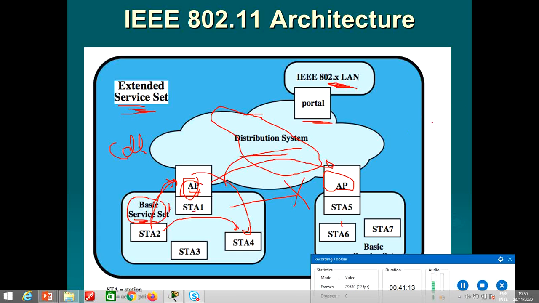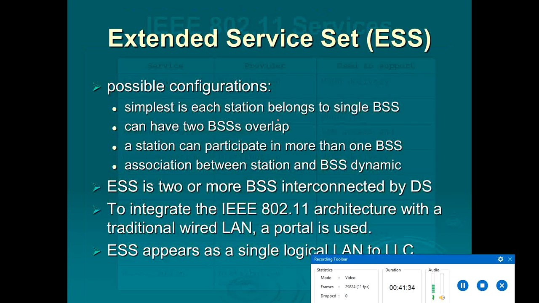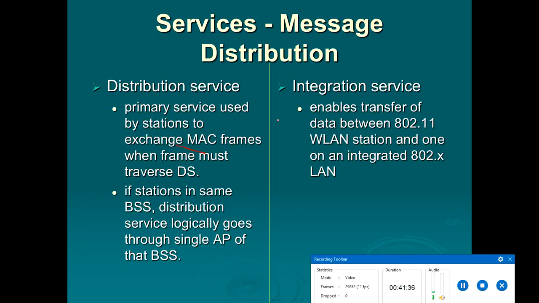From the distribution system, it will go to station 5, which is the access point in the target basic service set. When station 5 receives the frame, it forwards it to station 7. How this message travels, we are not concerned with this.